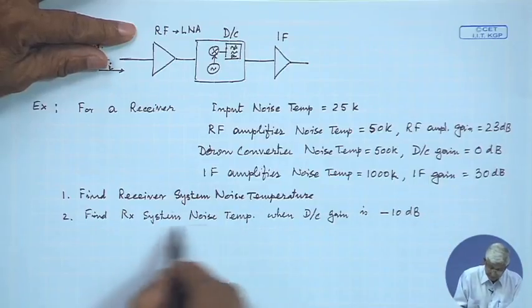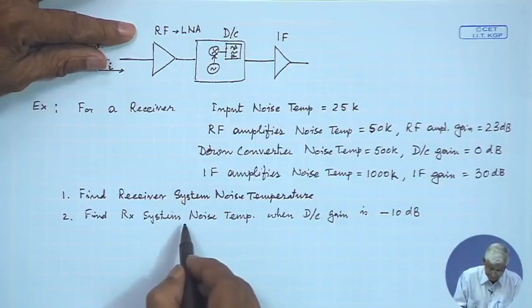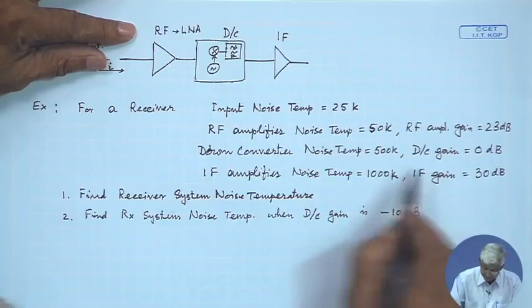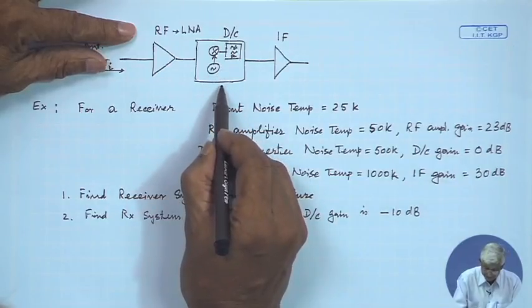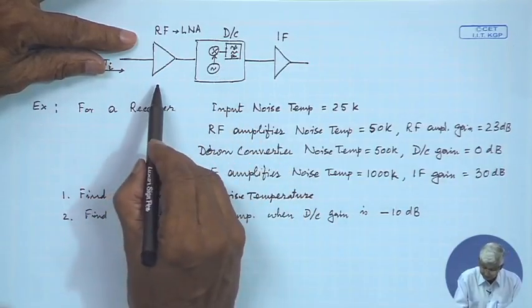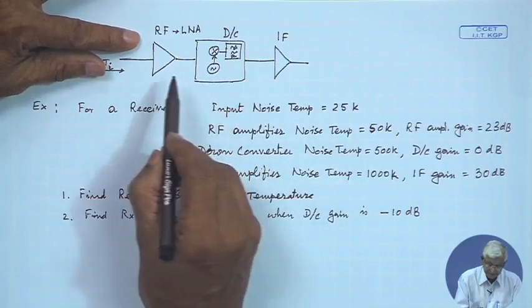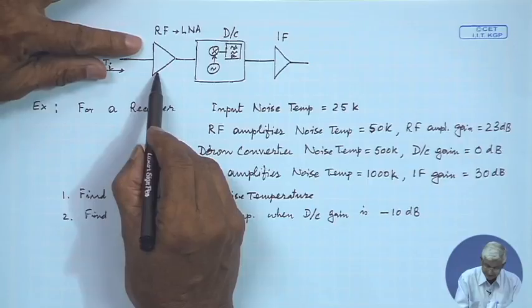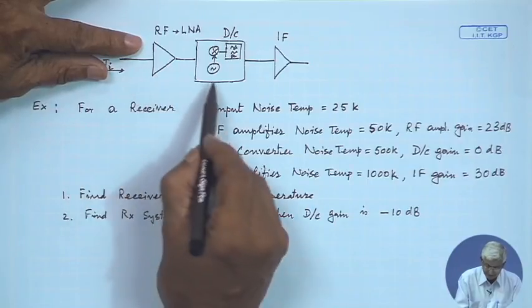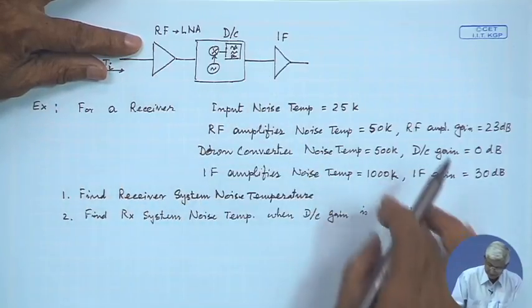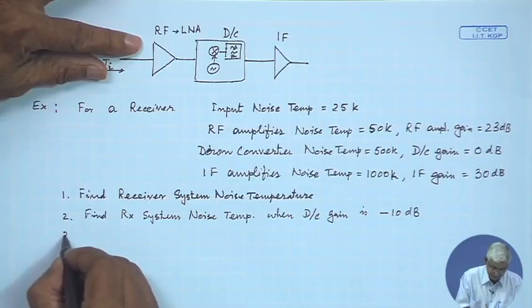And then what is the effect of this? Much more important is, now this gain is reduced, but the effective noise temperature is mostly dependent on the gain of the first stage. Some effect of the second stage will appear, so you will find a little change.